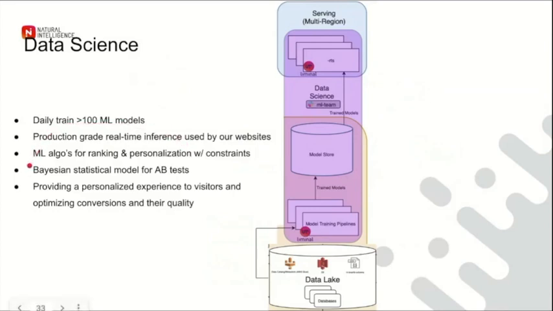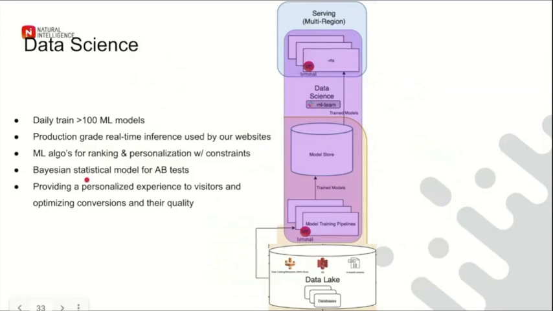We implemented ML algorithms for ranking and personalization with constraints, which allow us to give our users a better experience catered to them. And we also have a Bayesian statistical model trained for A/B tests.